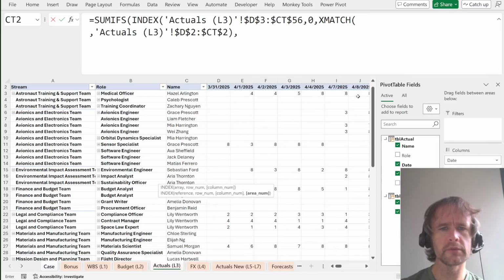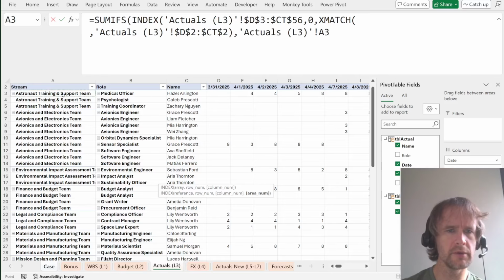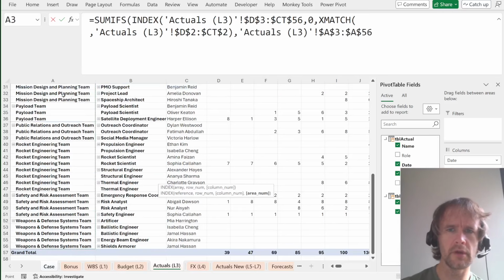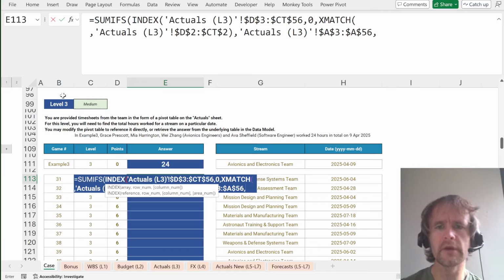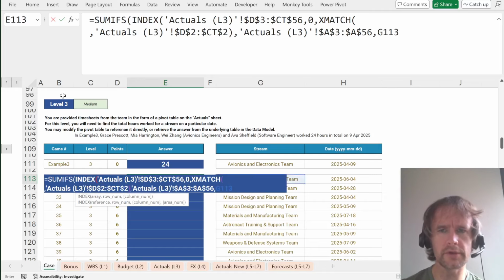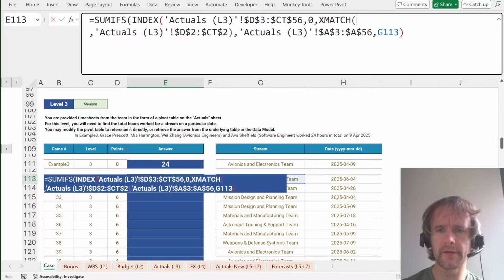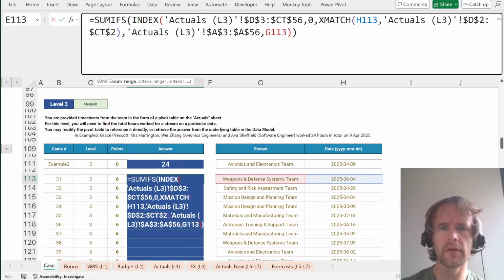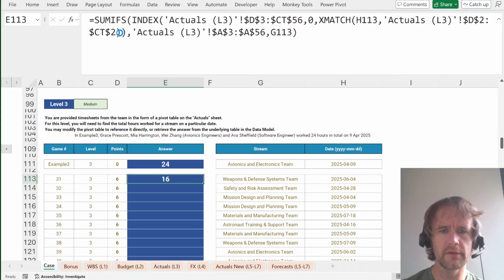So that's what I'm summing. Then the condition is the stream, which is here, locked, and where that is, stream over here, so G113, and then this is H113. I'm missing a closing bracket. Index, oh yeah, so I closed the XMATCH, but not the INDEX.